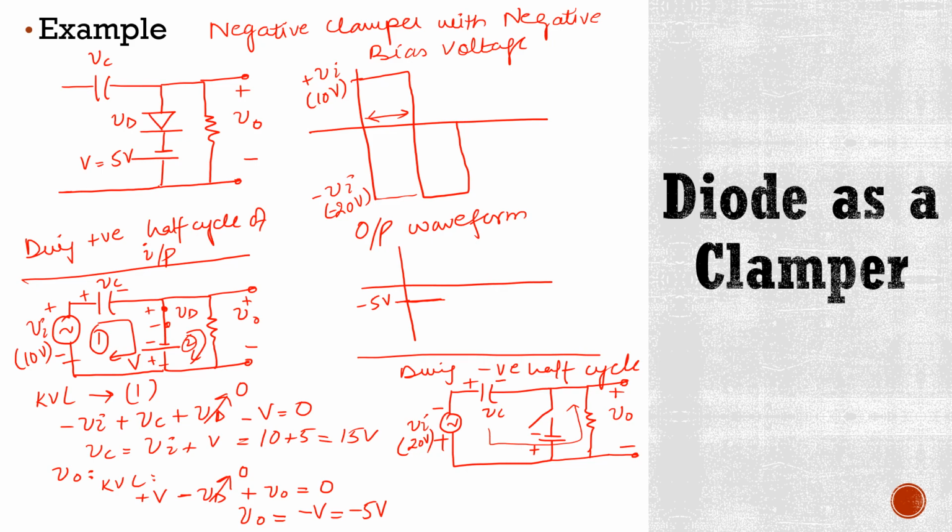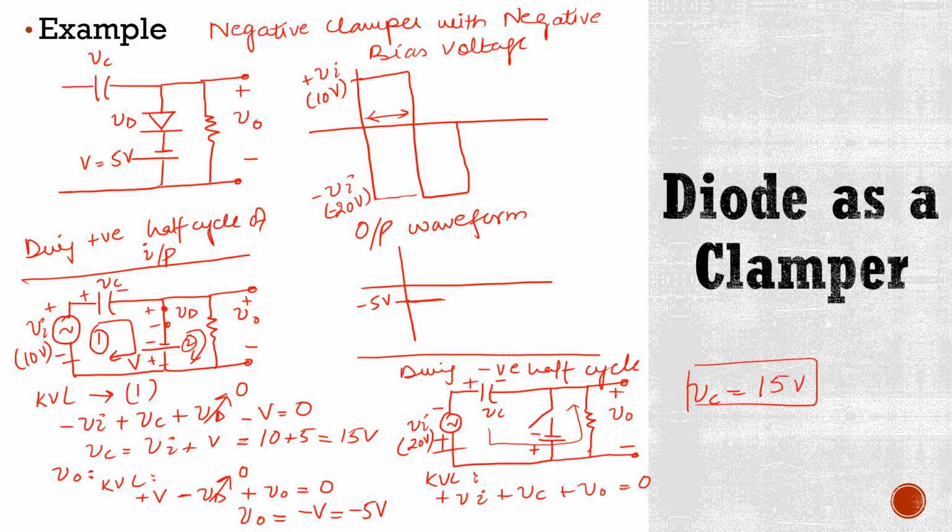So if we apply KVL here and we start from this point, we get plus Vi plus Vc plus V naught is equal to 0. Again here this capacitor will hold its voltage. So it is 15 volts.